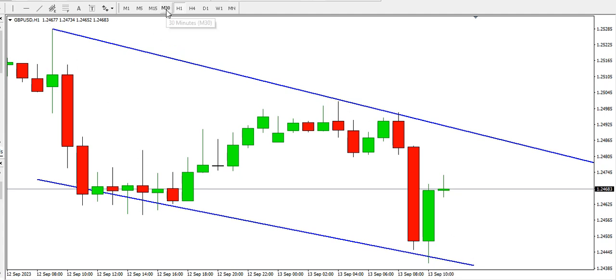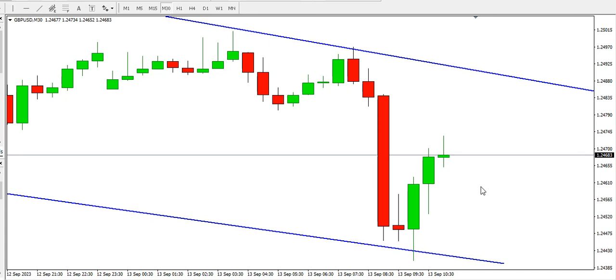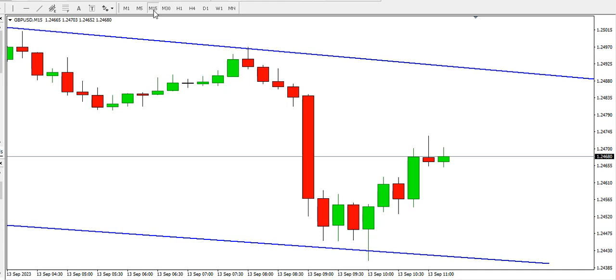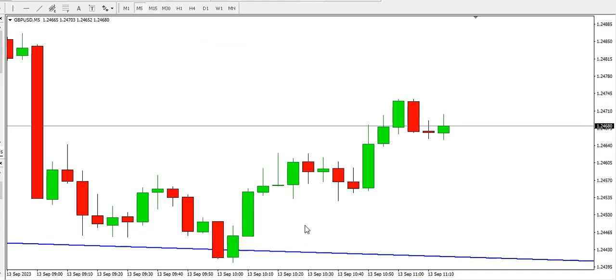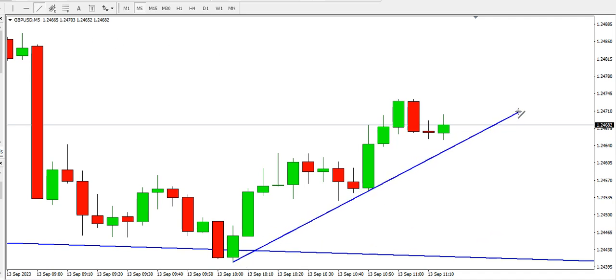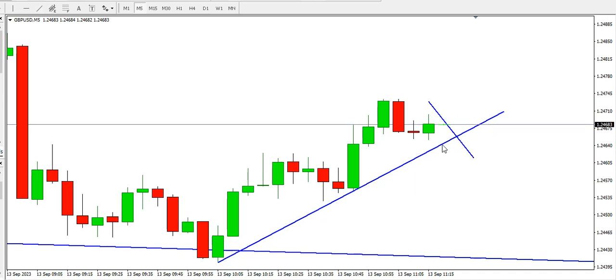The 30 minutes time frame is trending downwards as well. 15 minutes time frame, trending downwards. On the 5 minutes, the bulls are trying to push price up. We have an ascending trend line somewhere around here, so you might want to wait for price to break below this ascending trend line for you to jump into the bearish trend. All right, that's that for GBPUSD.